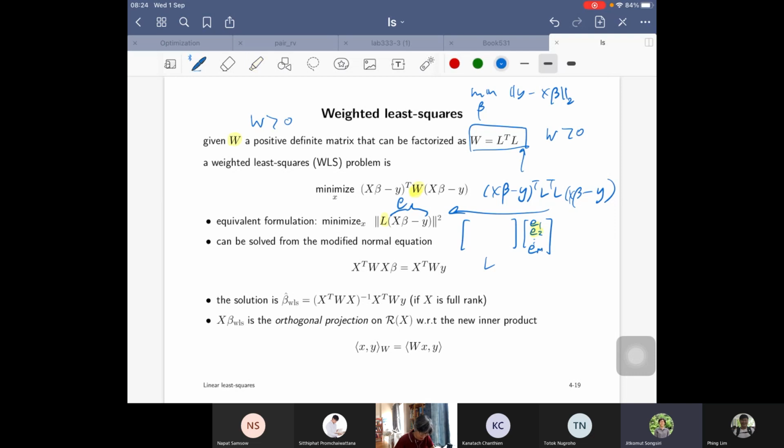For example, in a very special case, if L is diagonal, L is a factor of the weighting matrix W. If it turns out that W is diagonal, the factor L is diagonal.